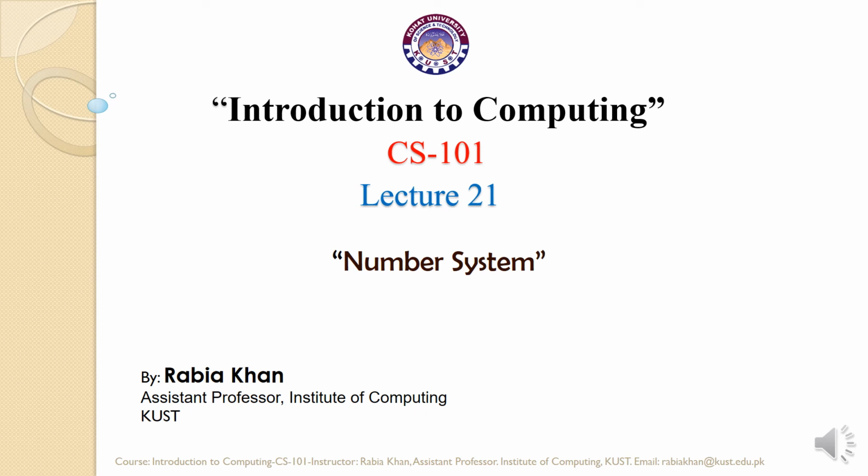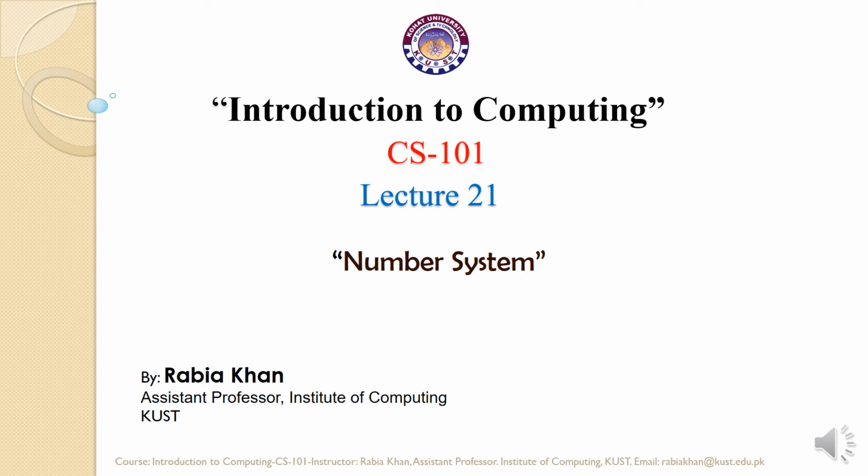Decimal number system is a common number system that we deal with in our daily lives. It is normally represented with base 10. That means it includes a total of 10 digits from 0 to 9.